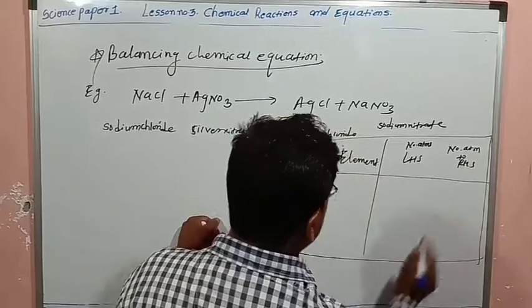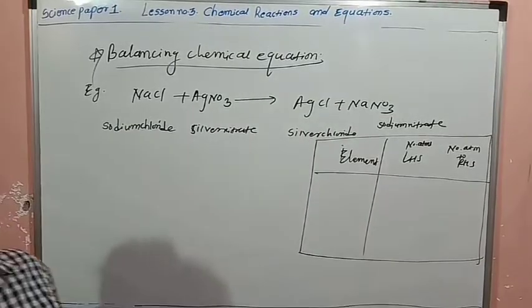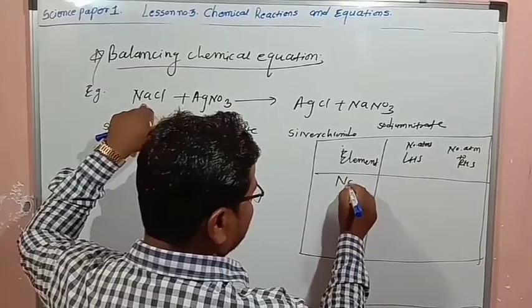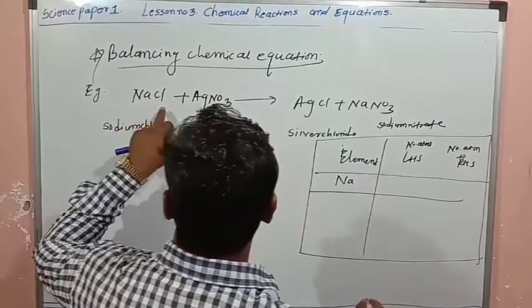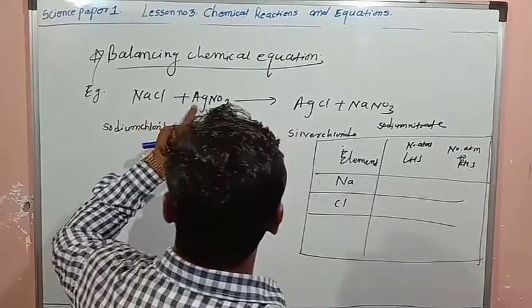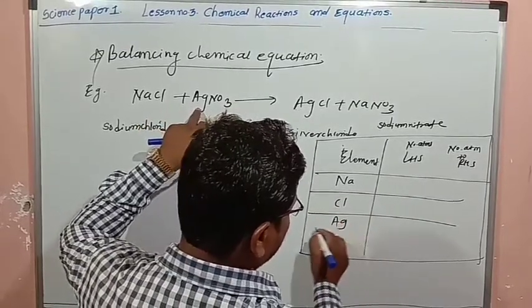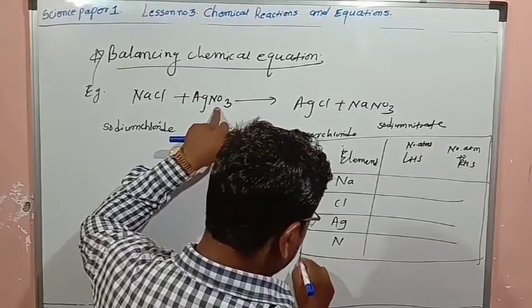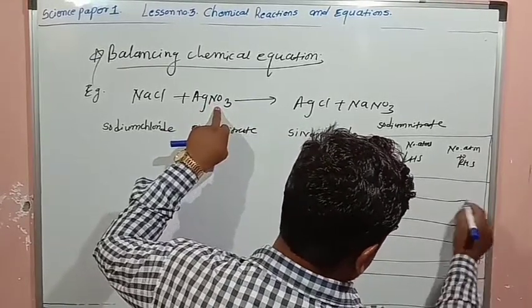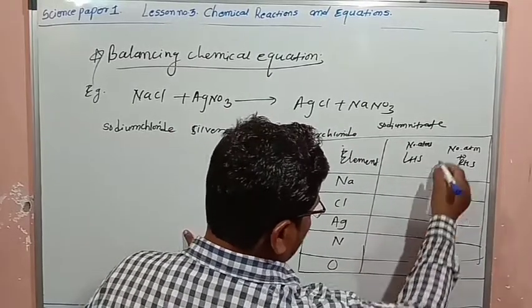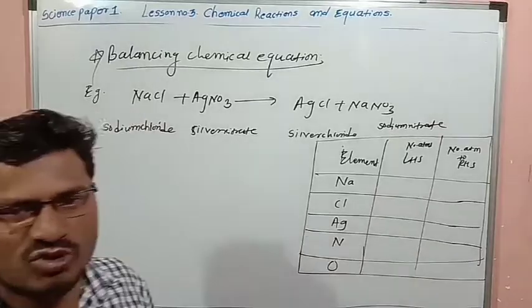In that table we write which elements are there. First is sodium, second is chlorine, third is silver, fourth is nitrogen, and fifth is oxygen.